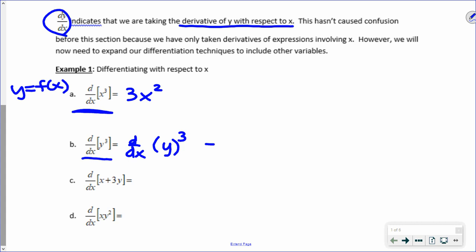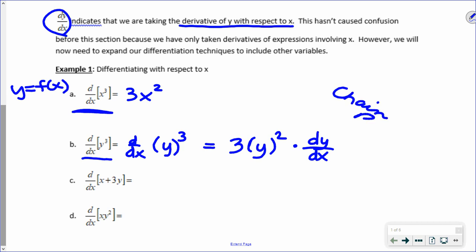So to find that derivative, we would find the derivative of the outside, keeping the inside the same, but then we would multiply by the derivative of the inside with respect to x. So that would be the derivative of y with respect to x, or times dy over dx. So this is just chain rule.